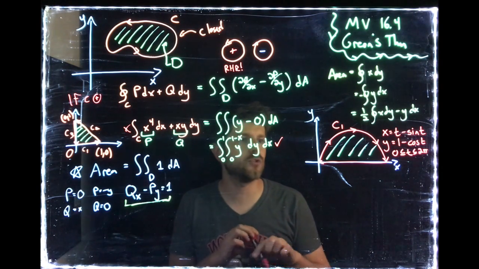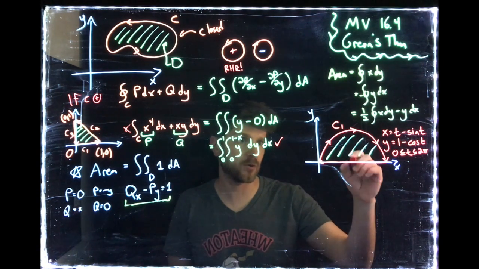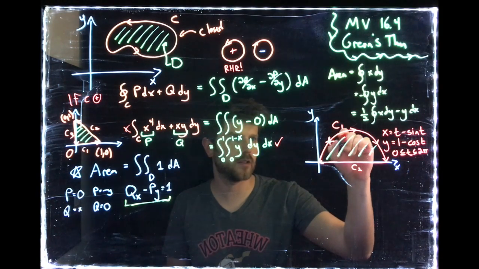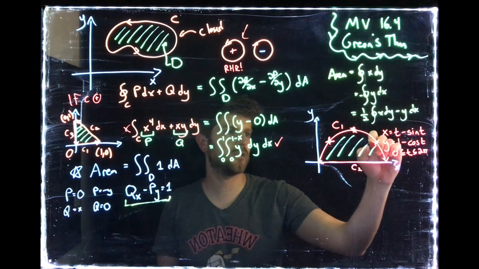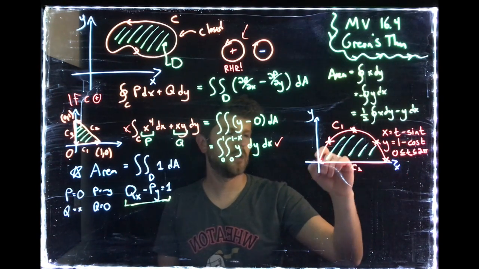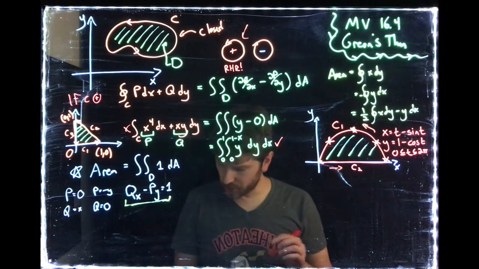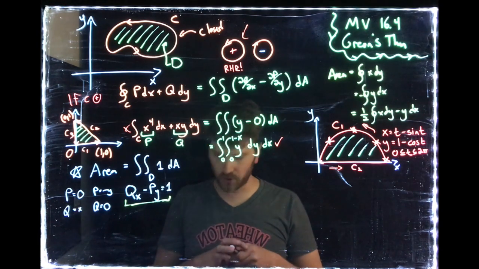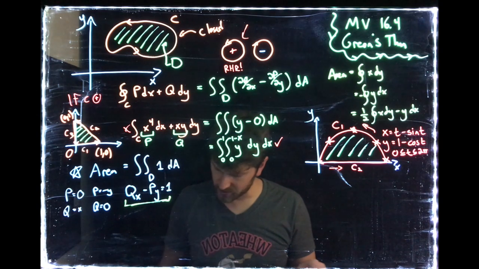Now, in this case, you'll notice that our boundary is backwards. Actually, I should have done it the other way, going the other way to keep us in the proper right-hand rule orientation. So pretend we are going the correct way around this. So I want to calculate my line integral around this.